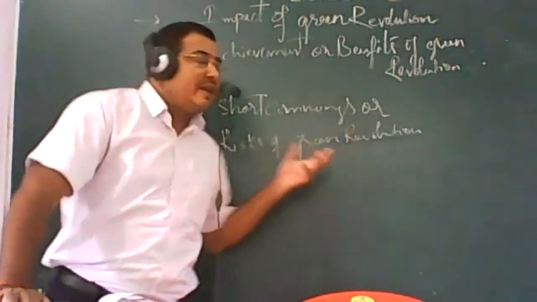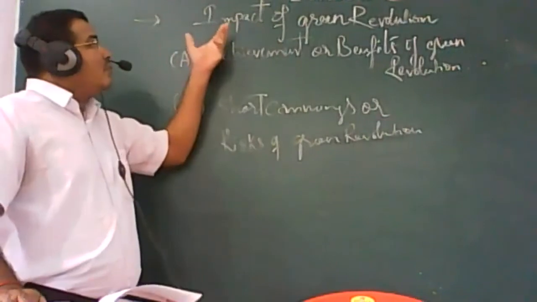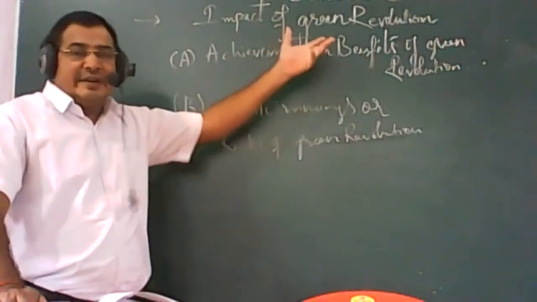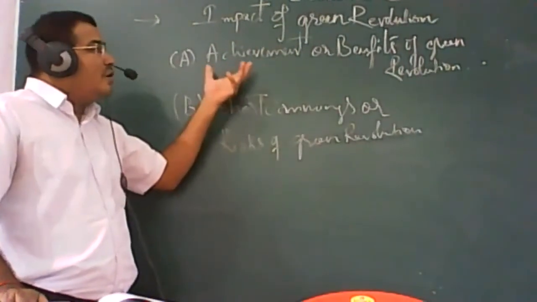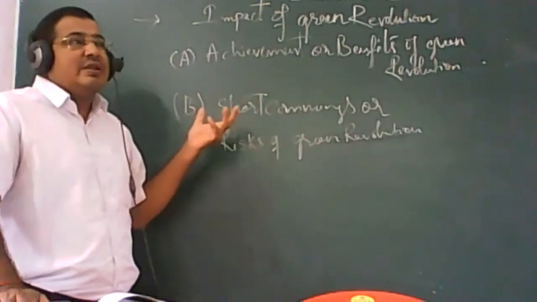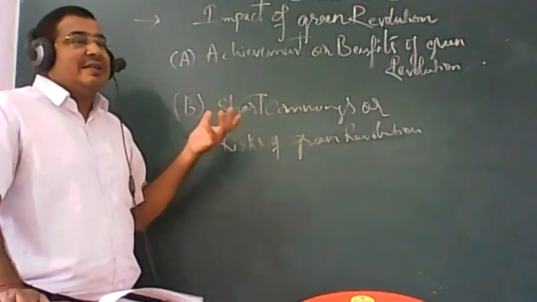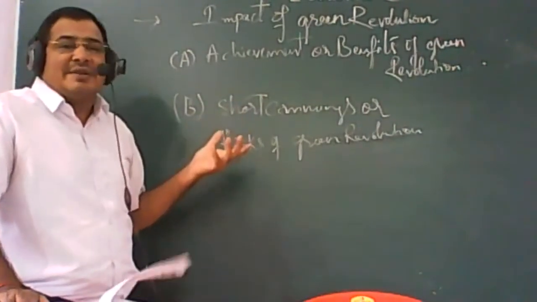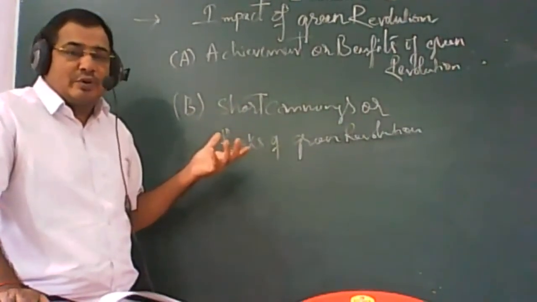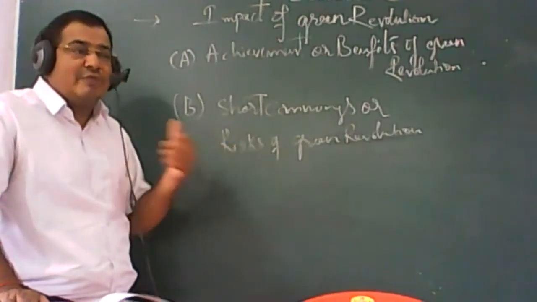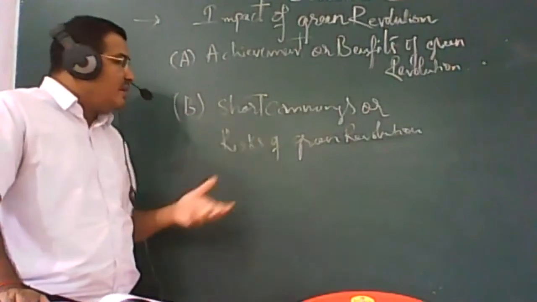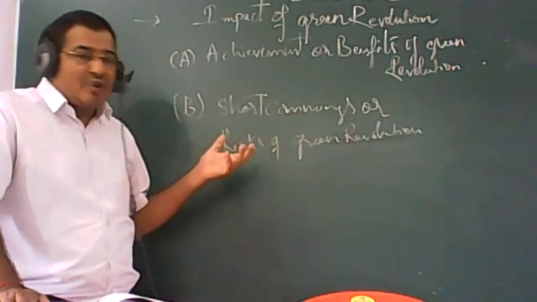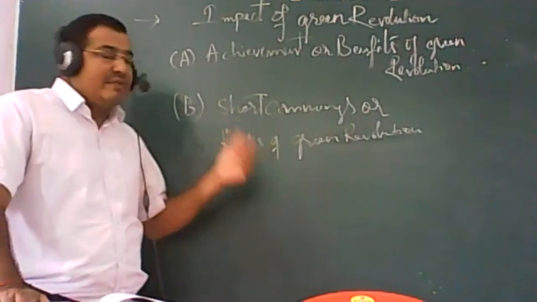So in this way, the impact of the Green Revolution was what achievements or what benefits our Indian farmers have achieved by production of the Green Revolution, which has now been discussed. What were the shortcomings or shortages of the Green Revolution?